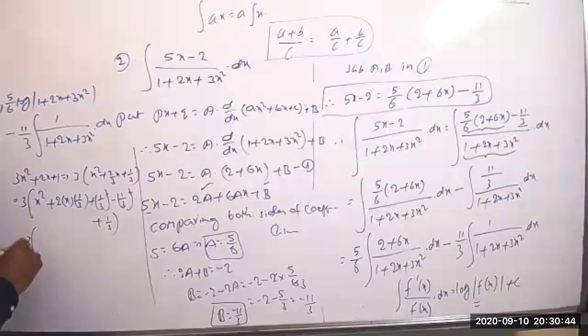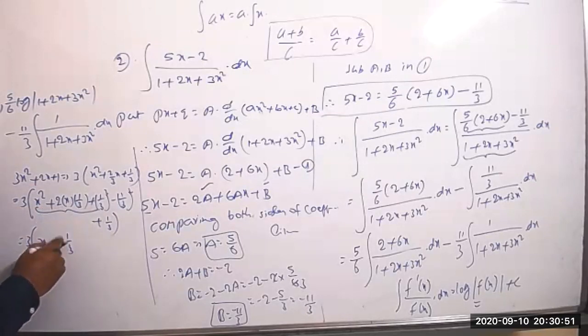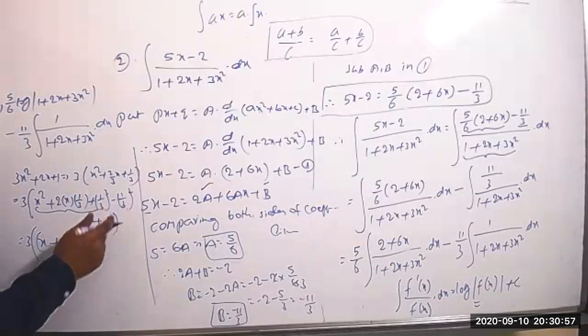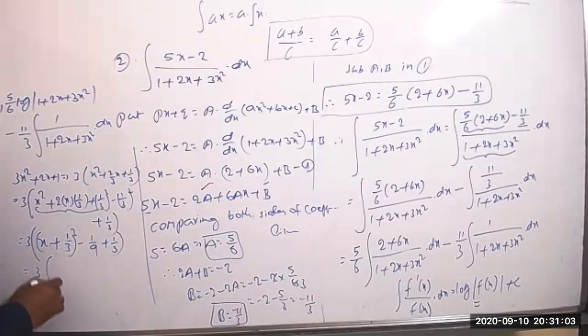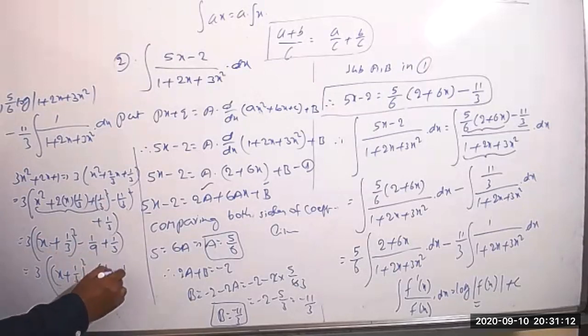So you can write 3 into, from here to here, what about this formula? A plus b whole square, a equal to x and b equal to 1 by 3. So x plus 1 by 3 whole square minus 1 by 3 whole square, plus 1 by 3. Take minus common outside, it becomes 1 by 9 minus 1 by 3.